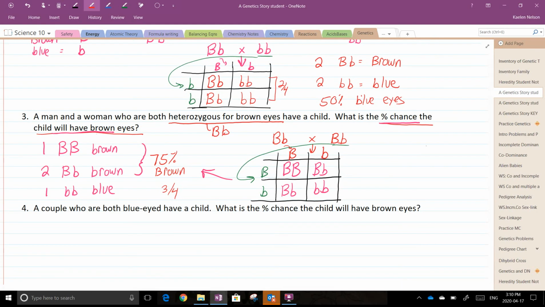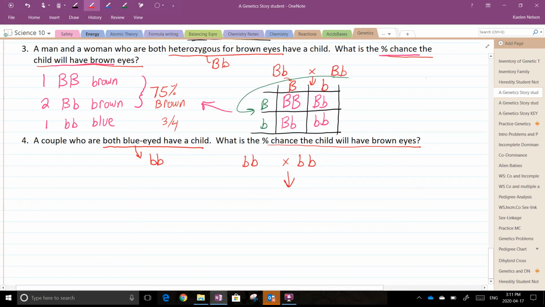And my very last question, a couple are both blue-eyed. Okay, blue-eyed is recessive, so we know that they are both little b, little b. So little b, little b times little b, little b. The percent chance they will have a child with brown eyes. I can draw a Punnett square if I want, but I really don't need to.